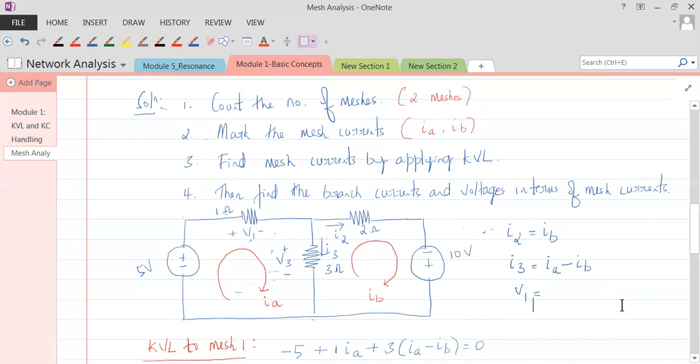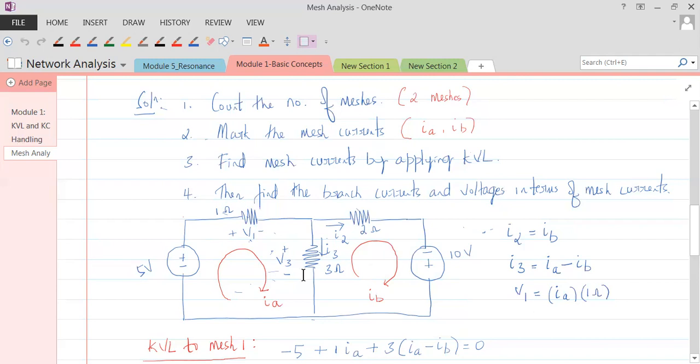So V1 would be IA into 1 ohm. And why does this have to be positive? V1 is IA into 1 ohm because IA is approaching the positive sign. If IA were approaching the negative sign, I would attach a negative sign here. Since IA is approaching the positive sign, V1 is plus IA into 1 ohm. So that is what we have written here.